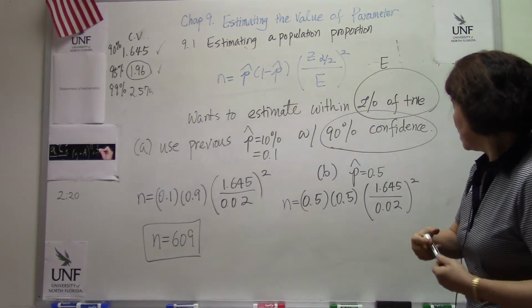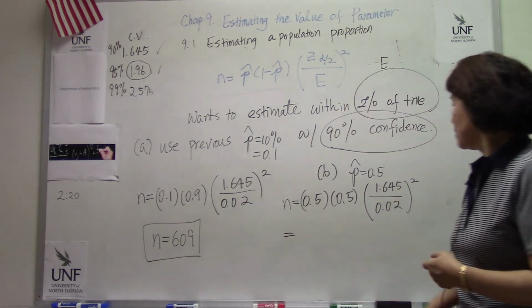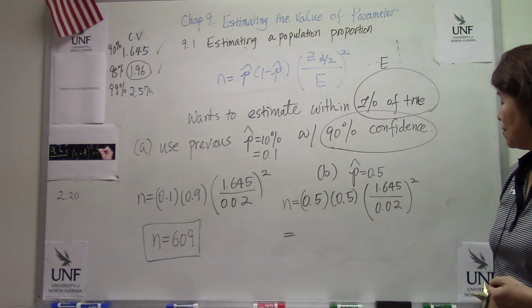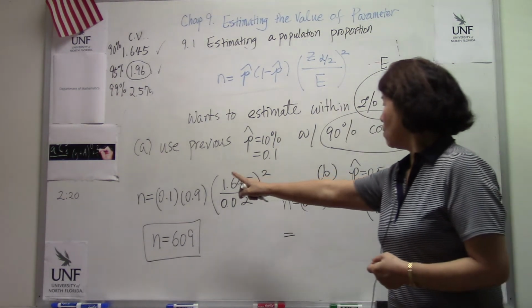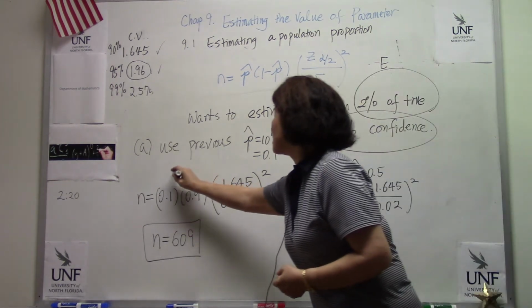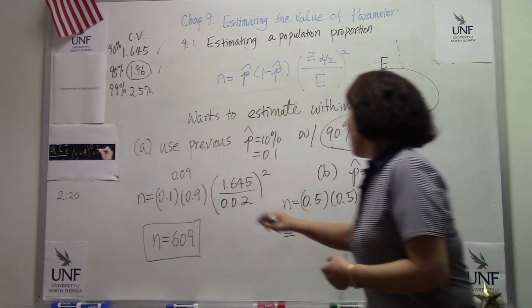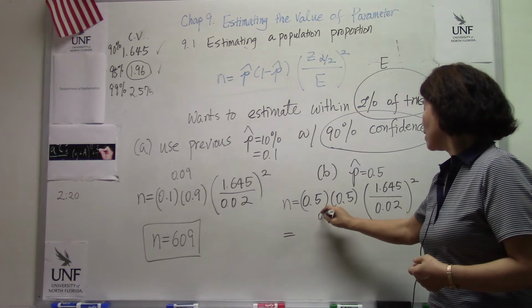Okay? So once you compute that, well, what do you think? This is 0.09, yeah, this is 0.09. On the other hand, this is 0.25.